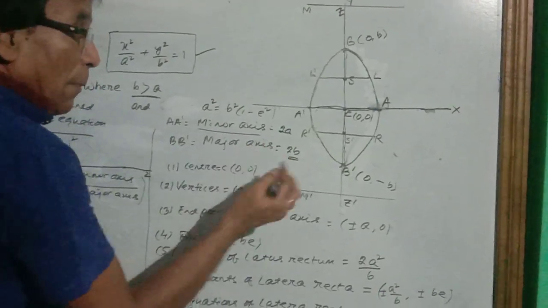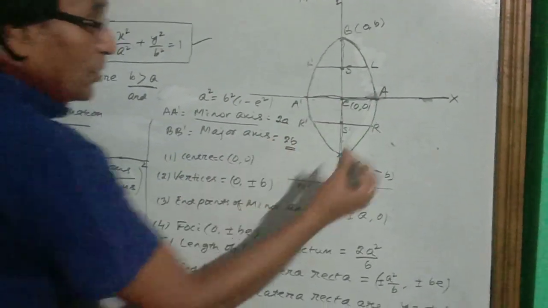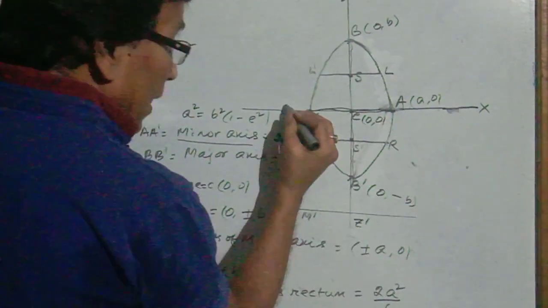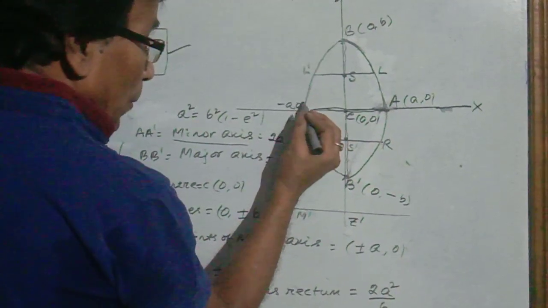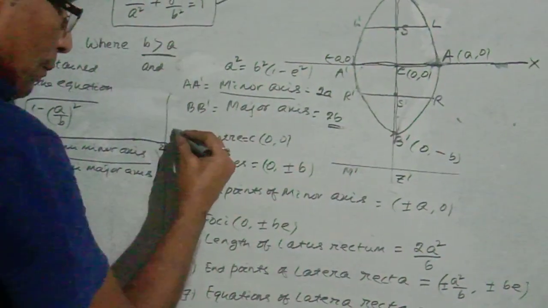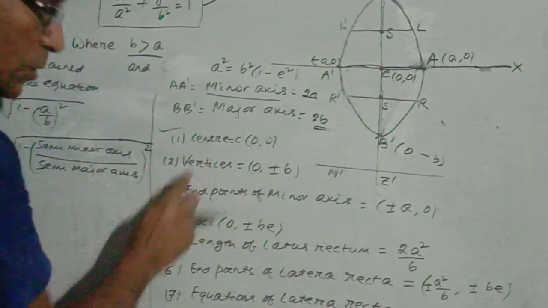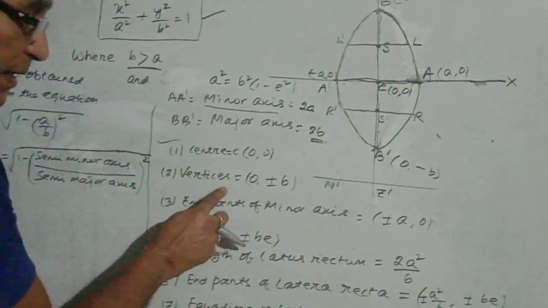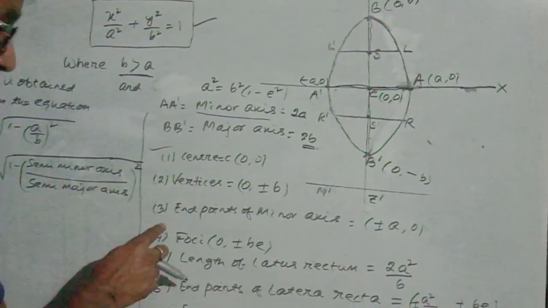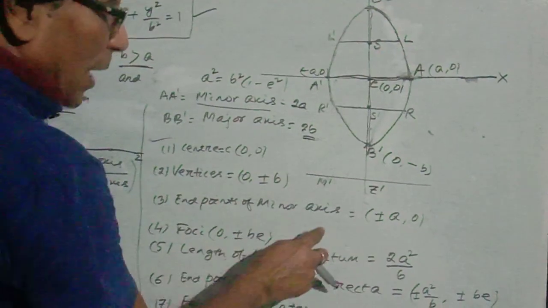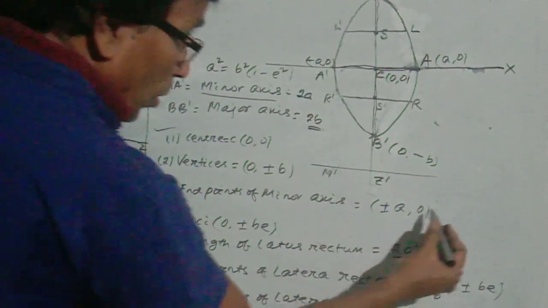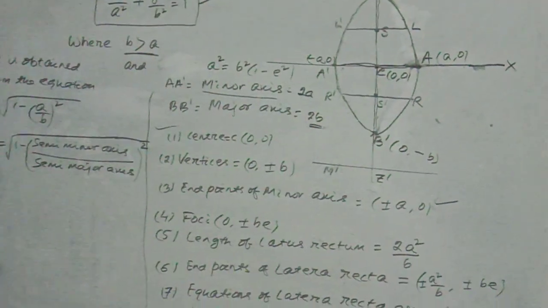Again the minor axis length is 2a, so this point is a, 0, this point is minus a, 0. So the center is 0, 0. Vertices, that is the endpoints of the major axis, are 0, plus minus b. Next, the endpoints of the minor axis are a, 0 and minus a, 0, so plus minus a, 0.